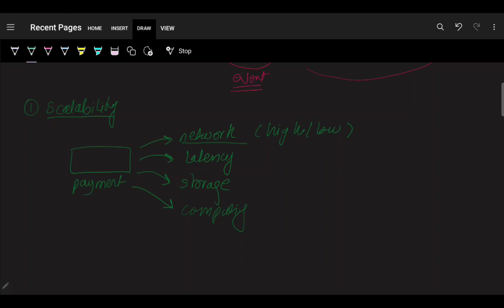Storage: we're dealing with what integrations we're going to focus on in terms of storing our data, which would be NoSQL or our relational databases if we don't opt for the NoSQL model. Computing: is our particular compute engine or compute instance enough for the incoming traffic? So both of them are sort of interlinked.